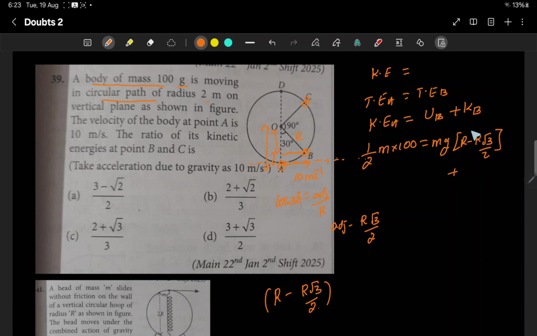Plus kinetic energy at B is nothing but half m velocity at B whole square. We do not know what is the velocity at B square, so we can keep this as constant.